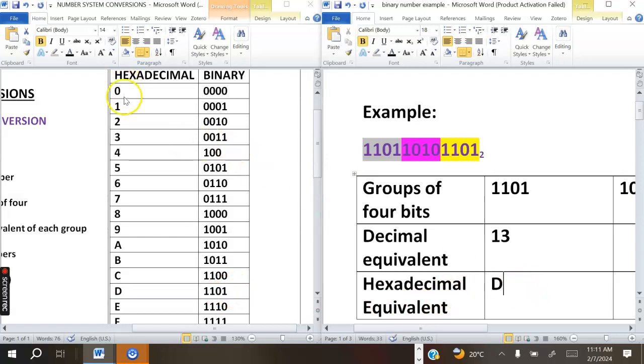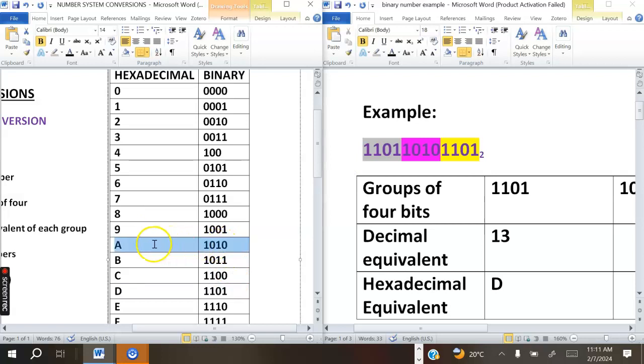Maybe you can count: 1, 2, 3, 4, 5, 6, 7, 8, 9, 10, 11, 12, then 13. So it's supposed to give us the letter D. Well, for the 1010, where is the 1010? This is the 1010.